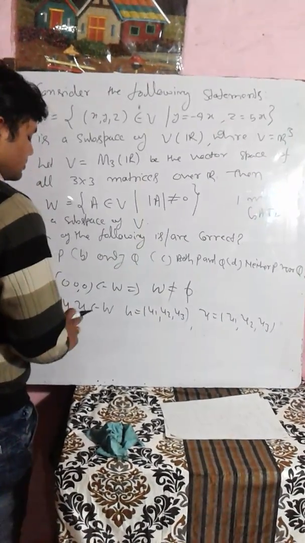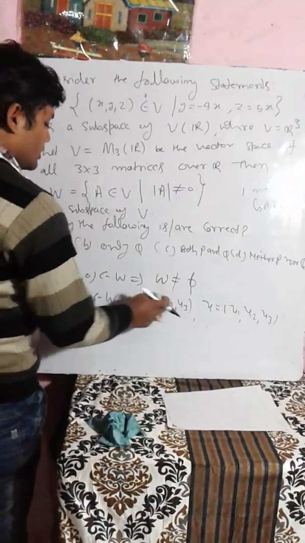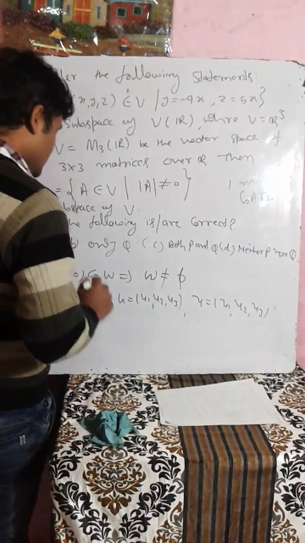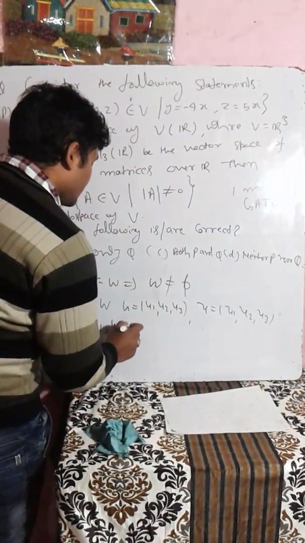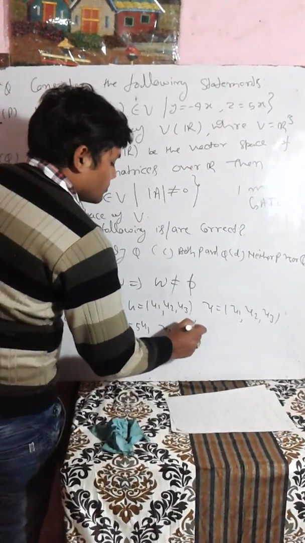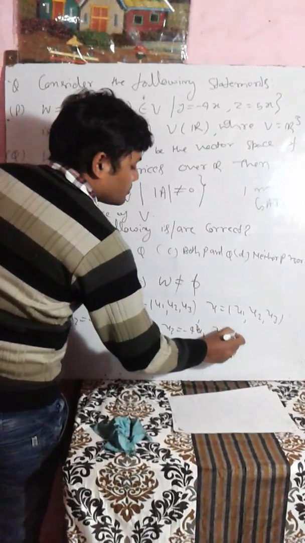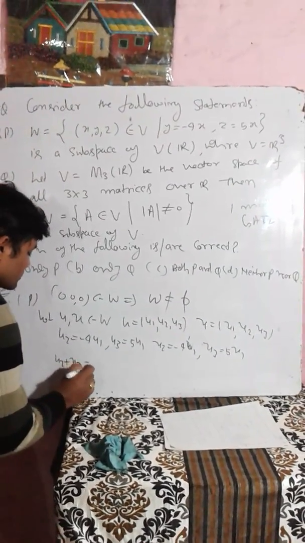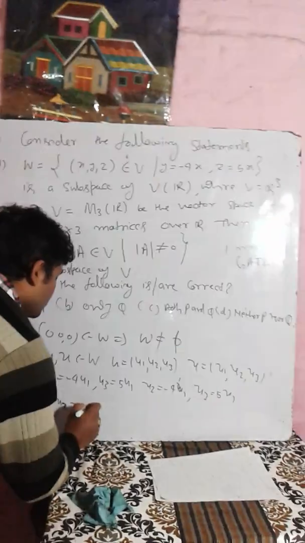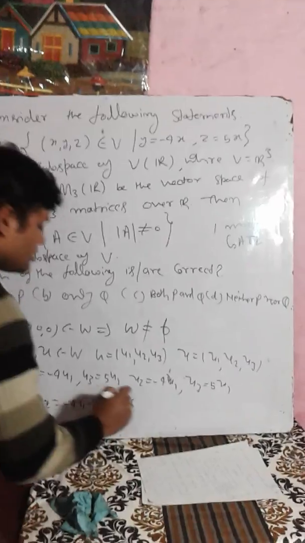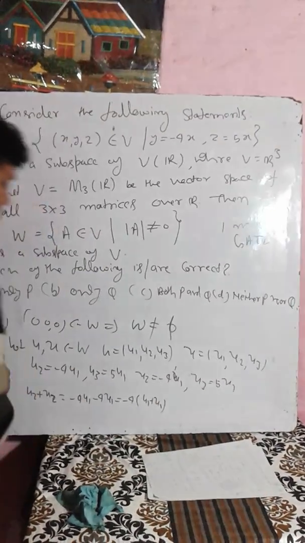Now because U, V belong to W, U2 is equal to minus 4 times U1 and U3 is equal to 5 times U1. Similarly, V2 is equal to minus 4 times V1 and V3 is equal to 5 times V1. So U2 plus V2 is equal to minus 4 times U1 minus 4 times V1. If you take minus 4 as common, this will be minus 4 times (U1 plus V1).